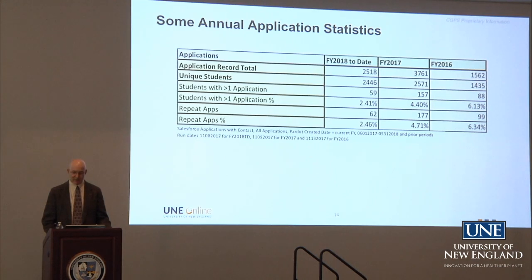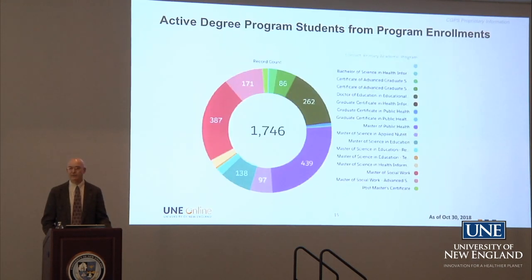Now, going back to that question of how many students do we have, well, it depends. As of October 30th, this is what we had for active students. This Salesforce diagram shows not only how many we have, 1746 that are actively in a status of taking courses, but it also gives us some view into which program they are in and which degree type they are pursuing.